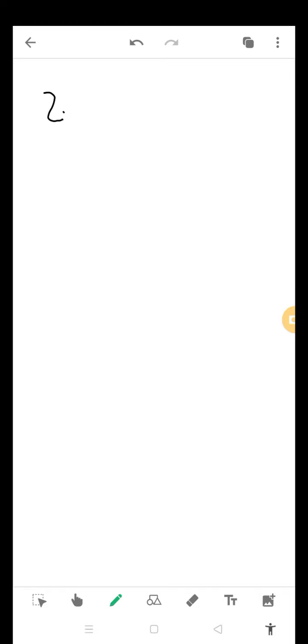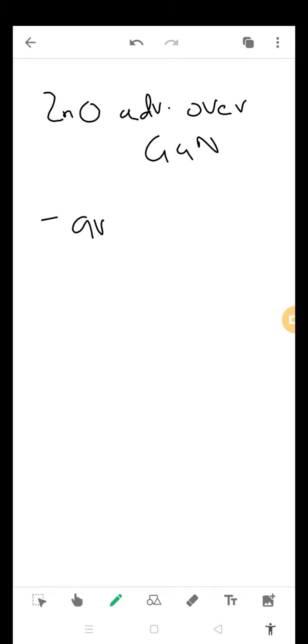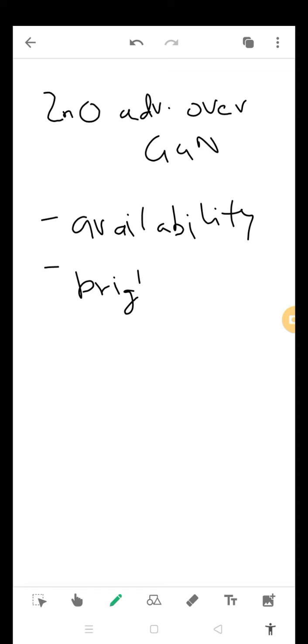However, zinc oxide has an advantage over gallium nitride. The advantages are its availability. It's available much more adequately compared to gallium nitride, and it is a brighter light emitter.